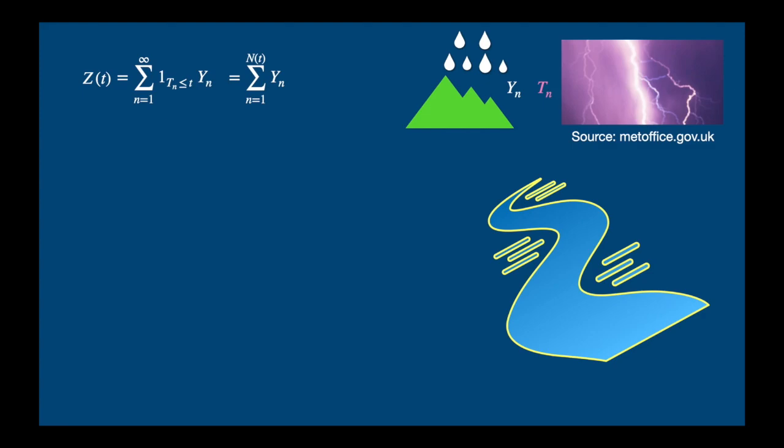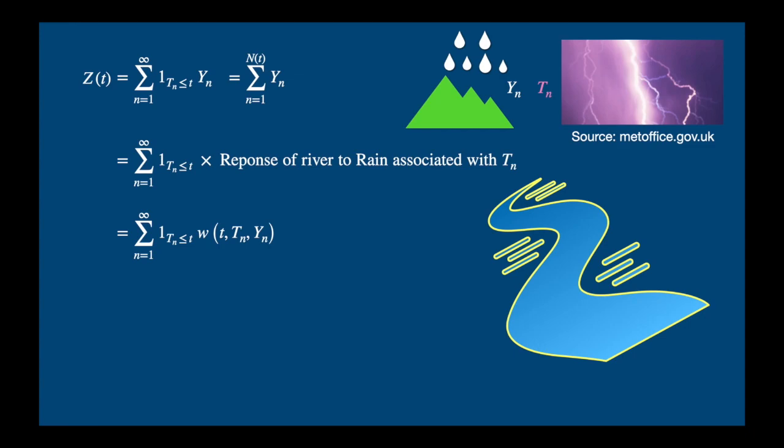Now the amount of flow in the river at time t will be the result of all the thunderstorms that happened before, but not all the water will arrive at the river at time t. So to capture this, we just define some function of the variables that gives the response of the river to the past thunderstorms. We can represent the response by W. This process is called the filtered Poisson process.